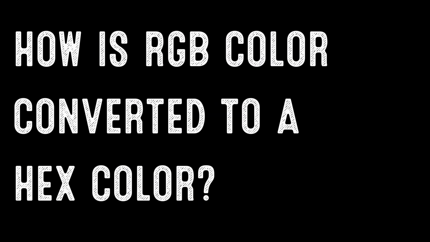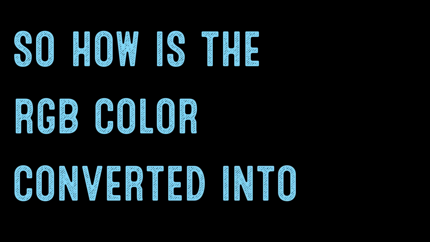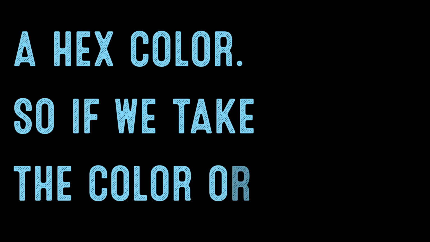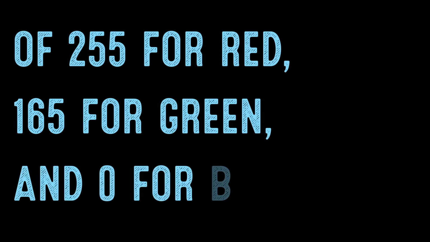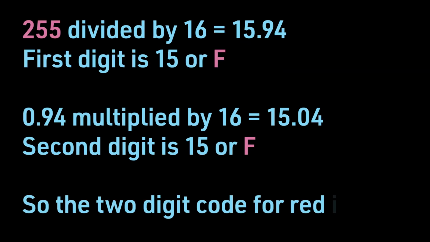How is RGB color converted to a hex color? If we take the color orange as an example, which has an RGB value of 255 for red, 165 for green, and 0 for blue, we would first take 255 divided by 16 to get 15.94.